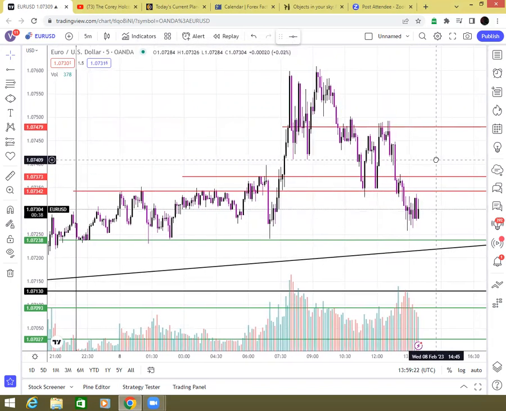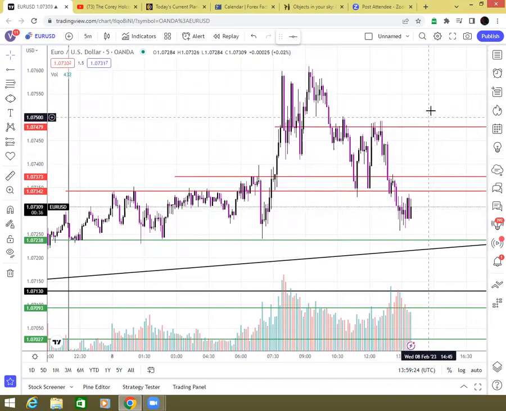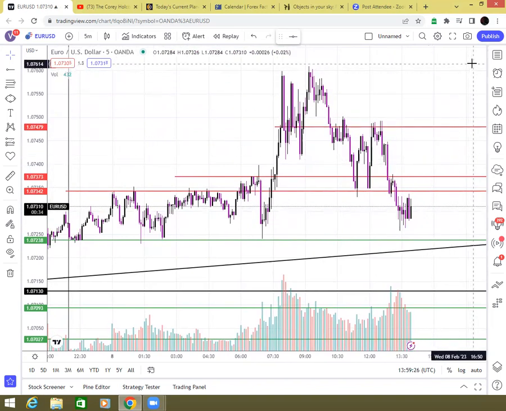So what we wanted to point out is the fact that we can always look at the market and get our own analysis of it. Even though this is a low time frame, this is for the scalpers.